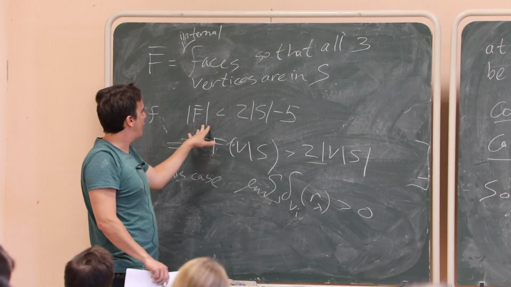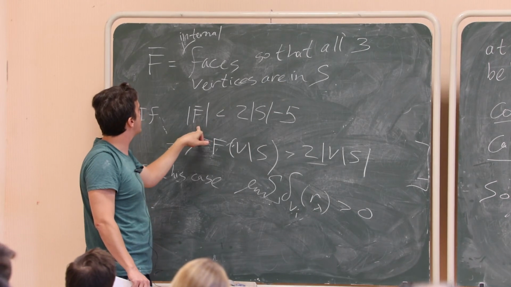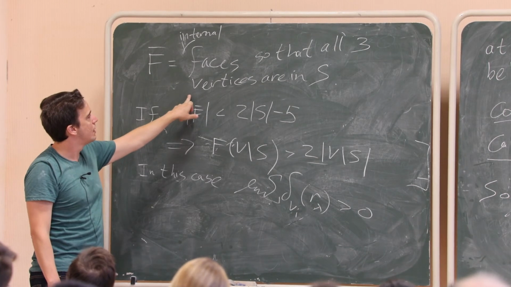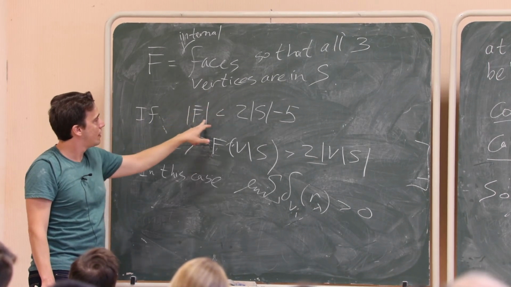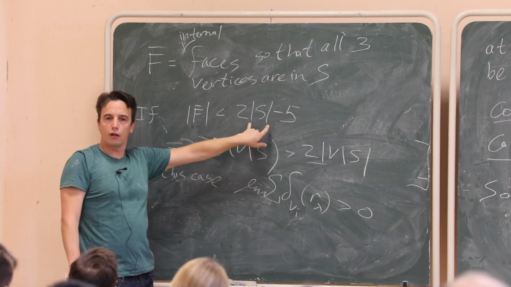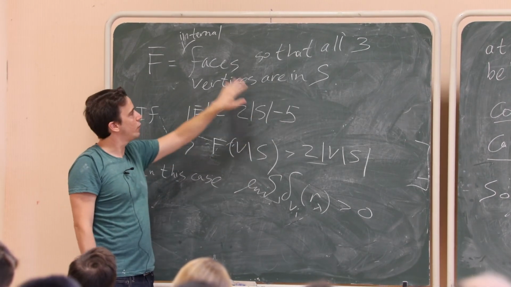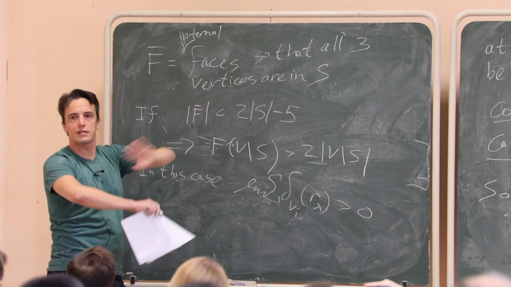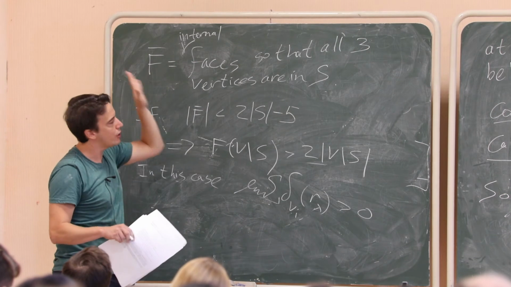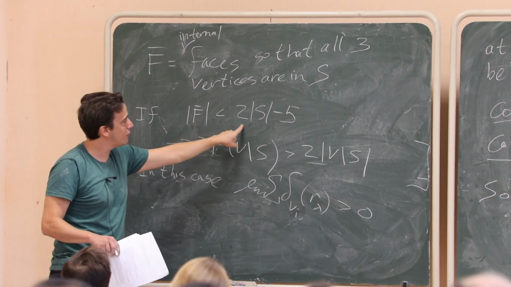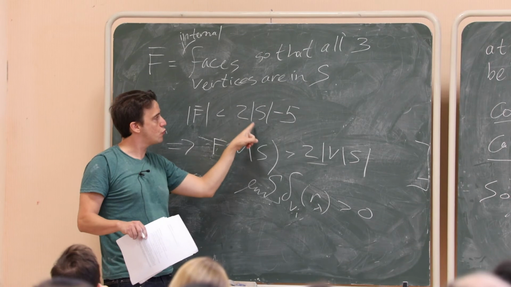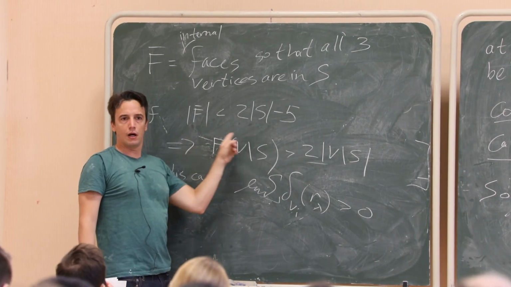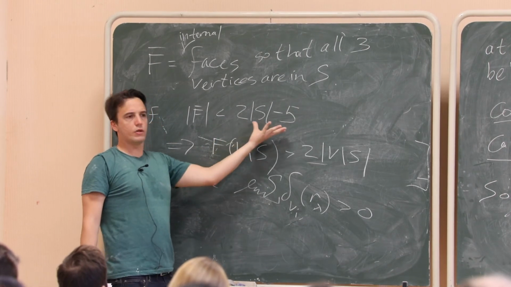When you look at this quantity, all the faces whose three vertices are inside S, this number is the largest that it could be. Because when you look at the graph spanned on these faces, in the largest scenario it contains a triangulation on S, and then the number of internal faces is exactly 2S minus 5. So this cardinality cannot be bigger than that. This is the worst case scenario.